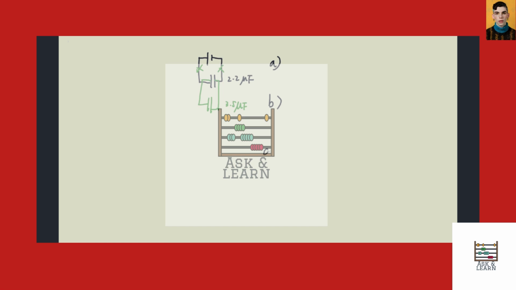So before they are connected, the 3.5 microfarad one has no charge, so there is no energy there. So we only need to find the energy on this 2.2 microfarad capacitor. And the energy is 1/2 of CV squared.